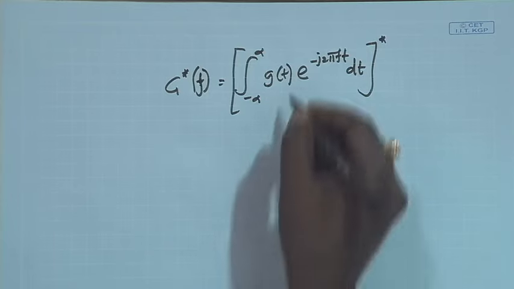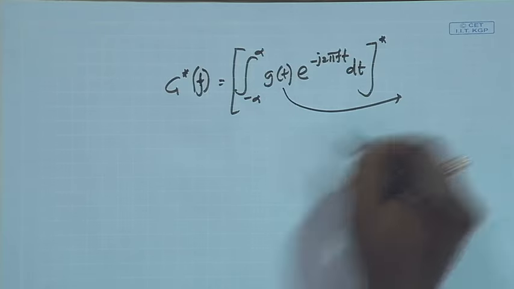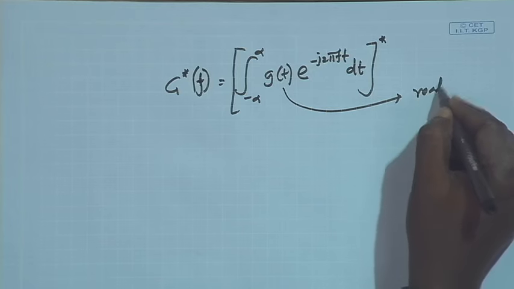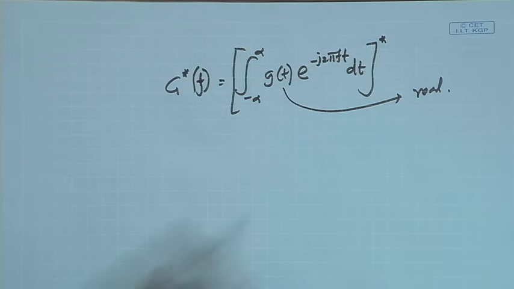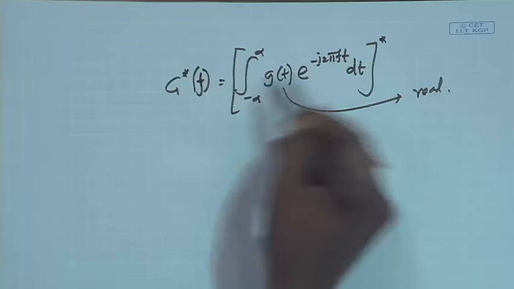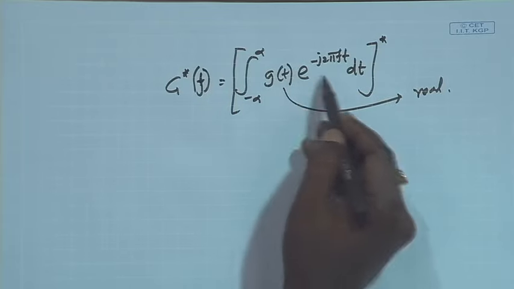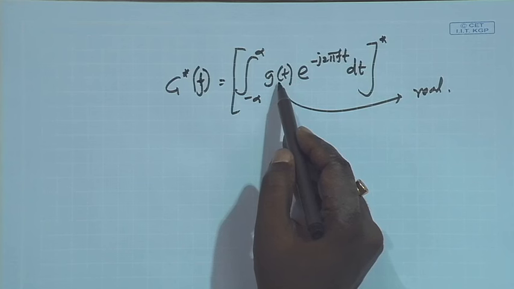Now, as long as my g(t), the signal that we are targeting to get the Fourier transform of, is real, then if I take the complex conjugate, because integration has nothing to do with conjugation, the conjugation will come inside and be distributed over these two. The conjugate of g(t) remains g(t) because it is real.